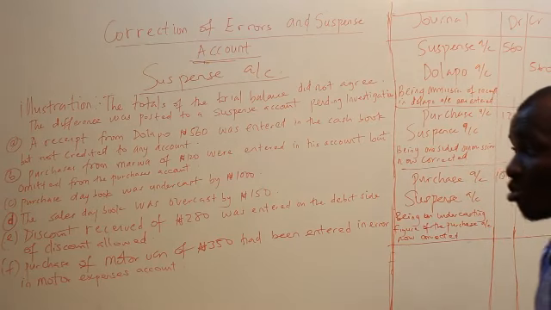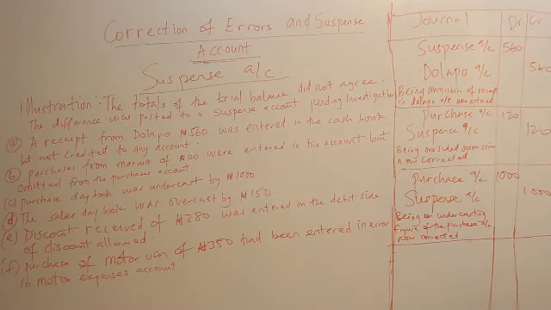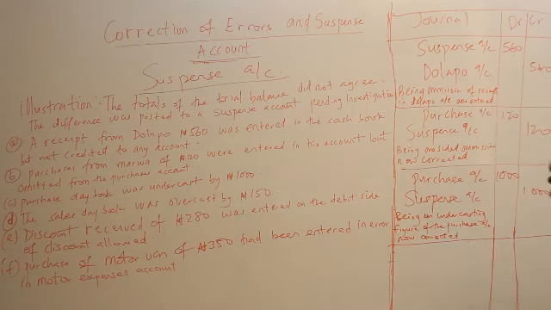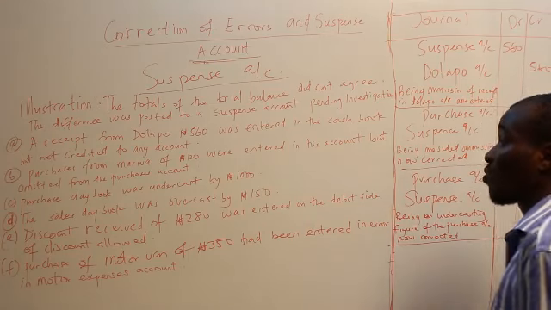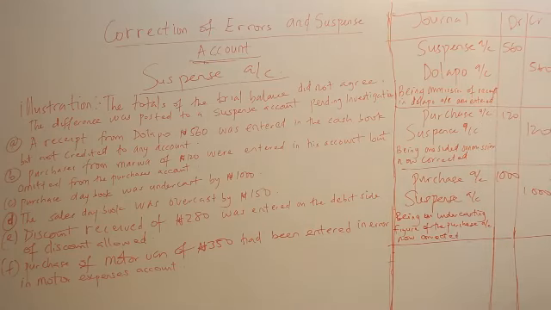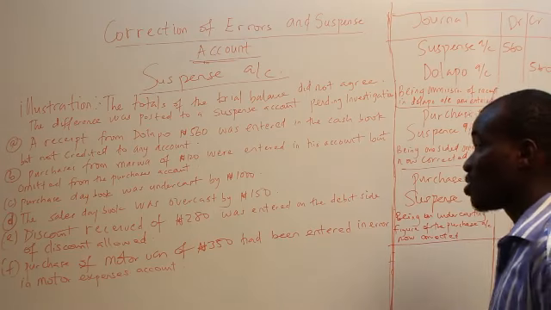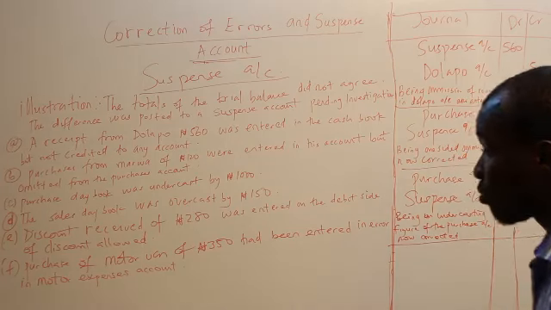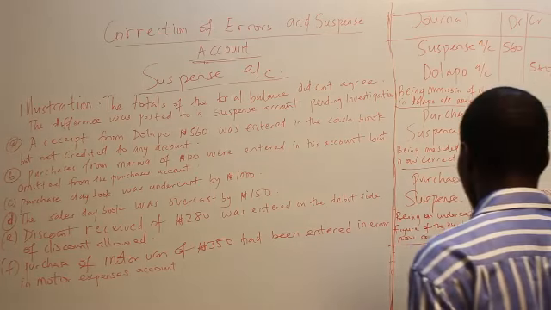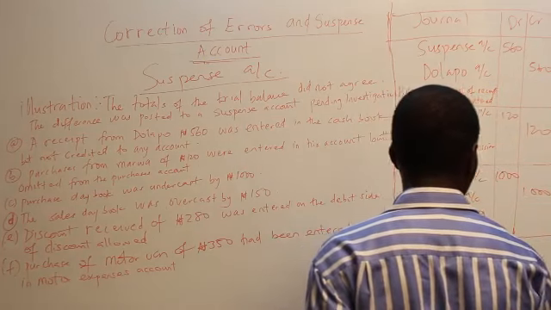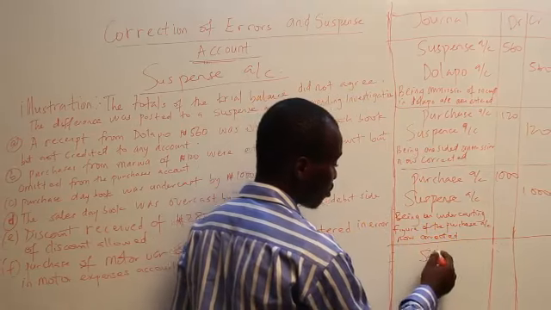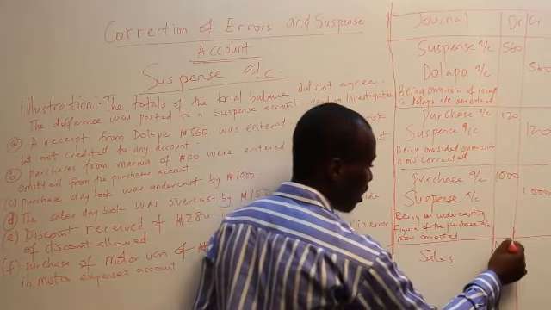For us to correct that, we have to reduce the sales account by 150 naira, and since the sales account generally is having a credit balance, that means for us to reduce the balance, we have to what? Debit the sales account. If it is for us to increase this, we have to credit the sales account since it's having a credit balance, but now we have to reduce it. We have to debit the sales account by 150 naira.